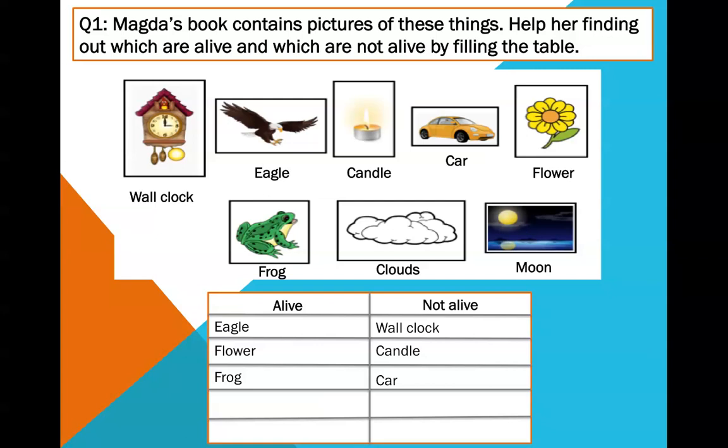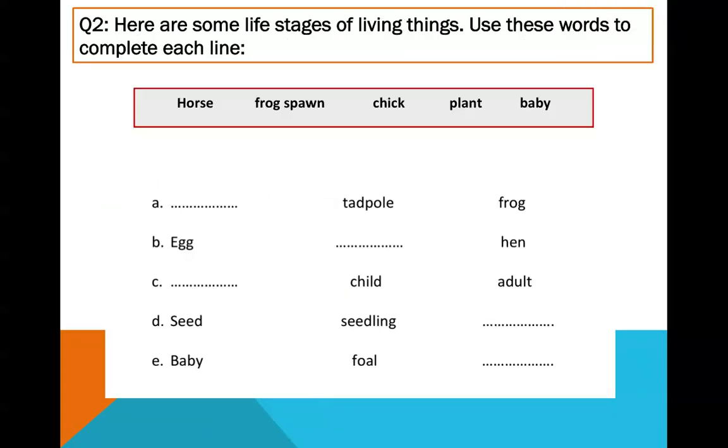Of course a frog is alive, because a frog follows the life processes. How about clouds now? Do you think they're alive or not alive? They are not alive. And last, the moon. Let me give you this one. Of course, the moon is not alive as well because it doesn't follow any of the life processes.